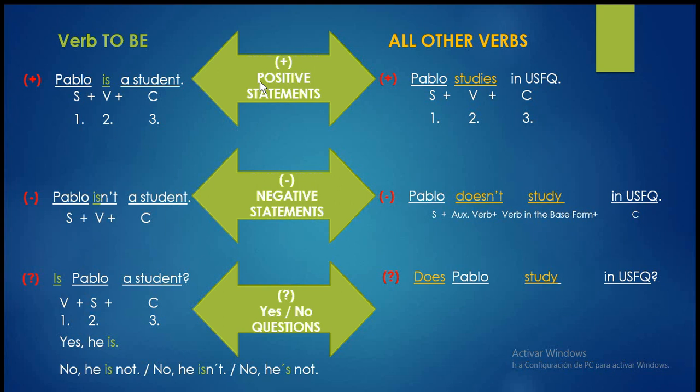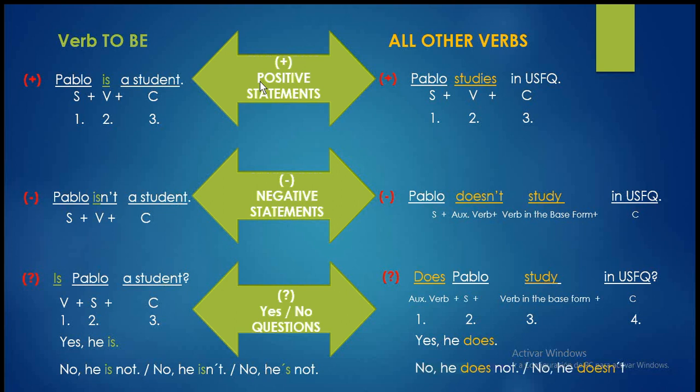For questions, we use the auxiliary verb first. Does Pablo study in Universidad San Francisco? Short answers: yes, he does, or no, he doesn't, or no, he does not.